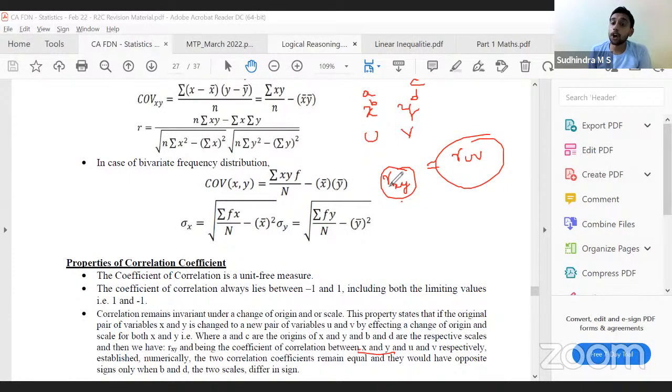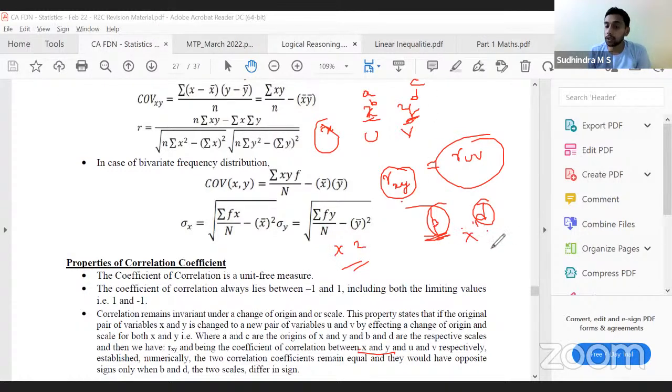However, they will have the opposite sign when b and d differ in sign. What are b and d? b is the scale of x, d is the scale of y. So that is the change in scale that is happening. If variable x is multiplied by 2 and variable y is also multiplied by 2, in such cases r_xy will be equal to r_uv.